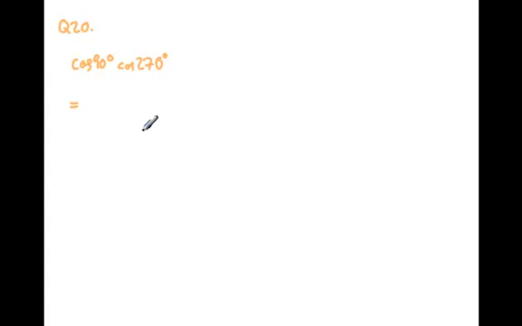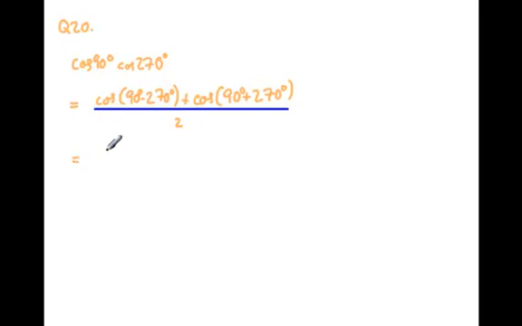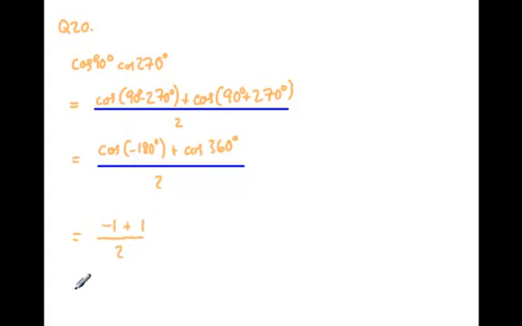And that comes out to fraction bar, cosine 90 minus 270 plus cosine 90 plus 270, divide by 2, and that equals then cosine of negative 180 degrees plus cosine of 360 degrees, divide by 2, equals negative 1 plus 1 divide by 2 equals 0.